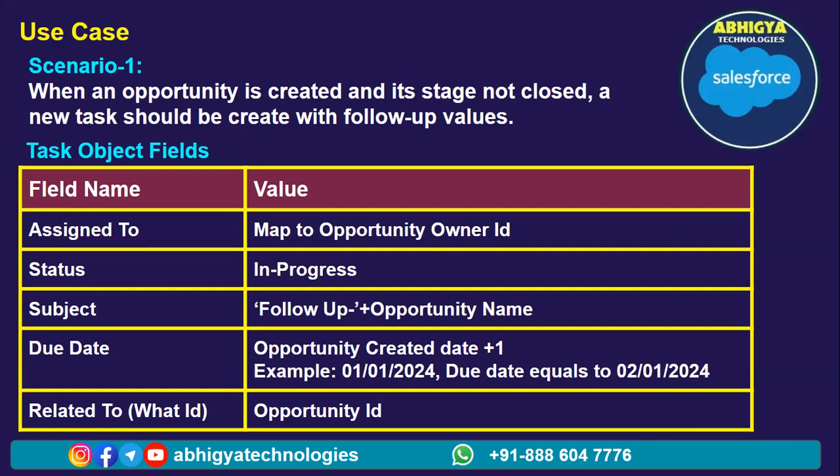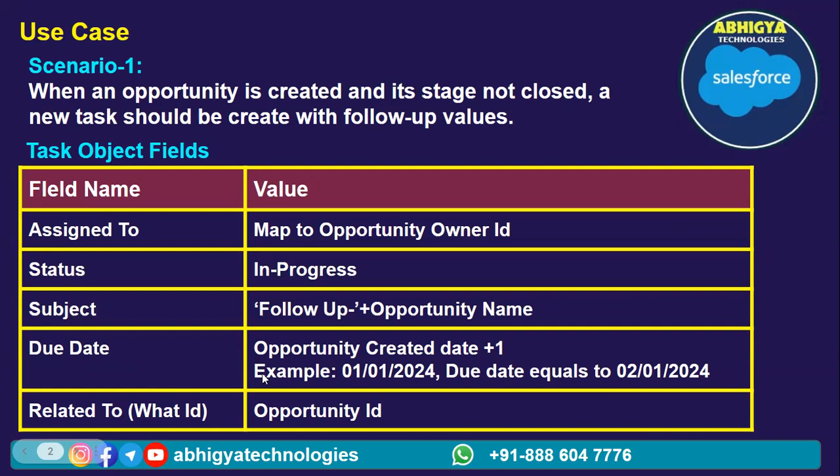In the task object, the Assigned To field maps to the opportunity owner. Status is In Progress, and Subject contains Follow up plus the opportunity name. Due date is the opportunity created date plus 1 day.